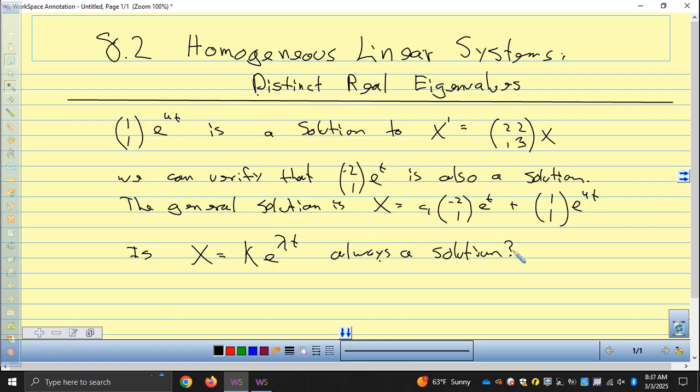Because this is similar to what we saw with our higher order differential equations, where we said, well, what if e to the mt is a solution? What does that imply? And that's how we came up with our auxiliary equation. So we wonder the same thing here.